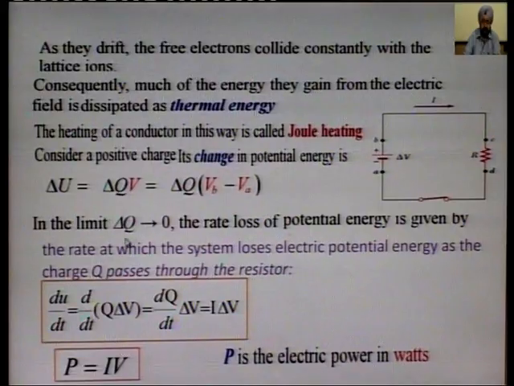And if the charge tends to 0, the rate of loss of potential energy is given by the rate at which the system loses electrical potential energy as charge Q passes through the resistor. You can find out the change by differentiating on both sides. You get I into delta V. So, this change in electrical potential energy per unit time is what is called electric power. So, power is equal to current into potential difference.